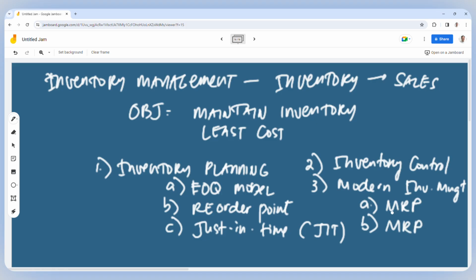A closed loop system that intensifies all the facets of business, no? Including your inventories, production, and sales, no? And yung ating tinatawag na ERP. Ito yung sikat na sa lahat, no? Enterprise Resources Planning. Yan. Okay?